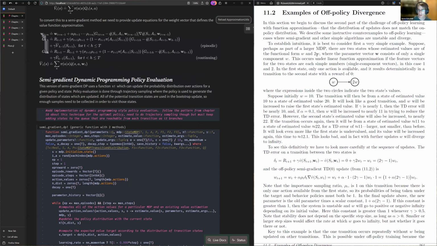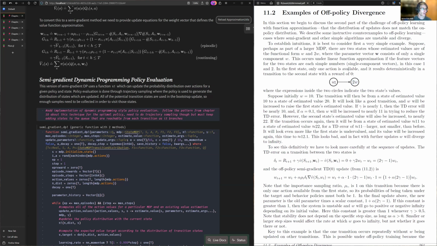So just as a conceptual starting point, imagine a particular problem where there are two states that are connected to each other like this, where one state always transitions into another state.